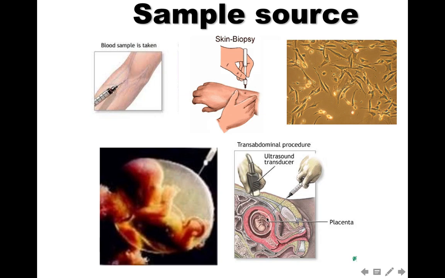This is chorionic villus sampling, and it is used in the first 12 weeks of pregnancy for intrauterine diagnosis of chromosomal abnormalities.